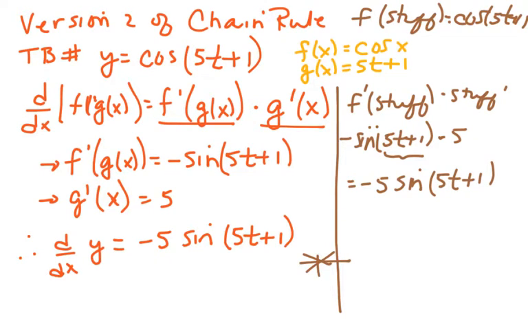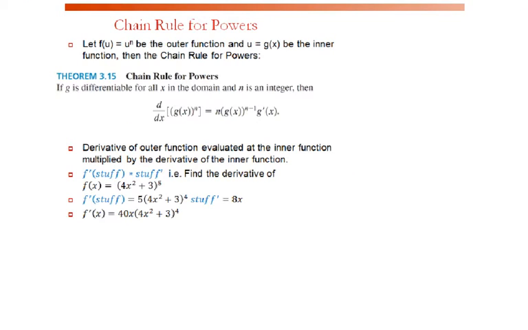So let's go back to one other last slide, and that is the chain rule for powers. And again, powers are also composite functions. So any function that looks like this, we'll do an example. Some function raised to a power is referred to as a power function.